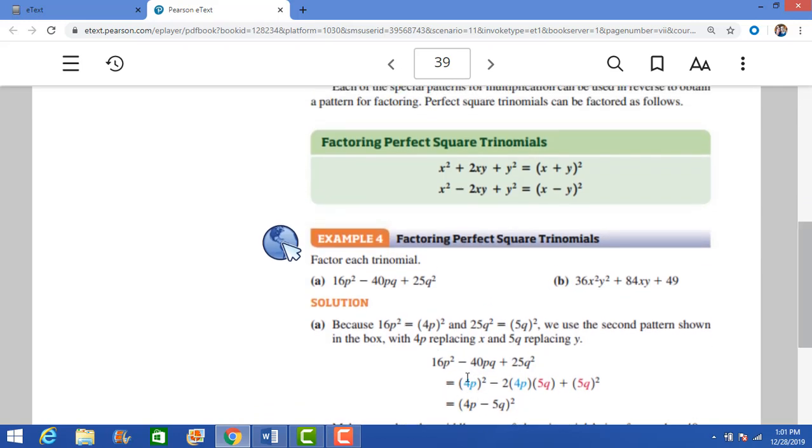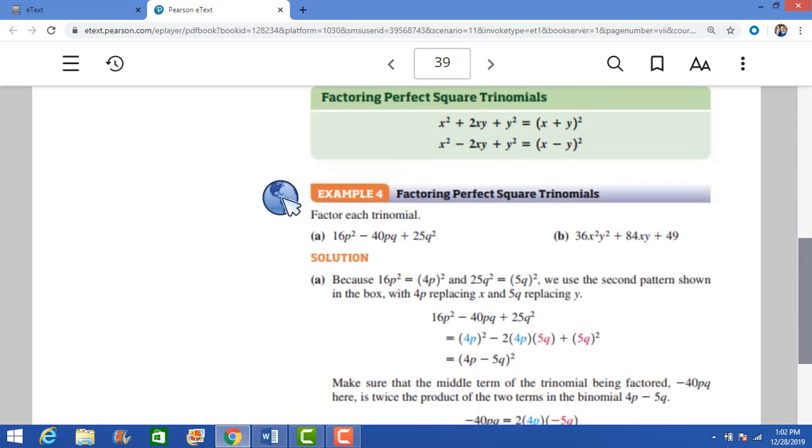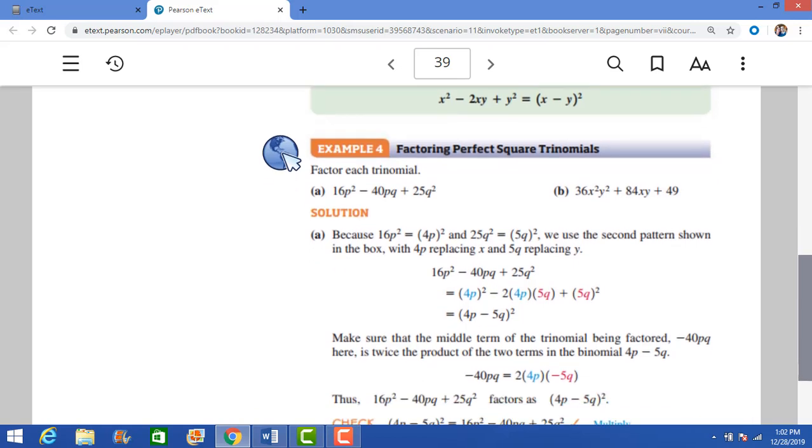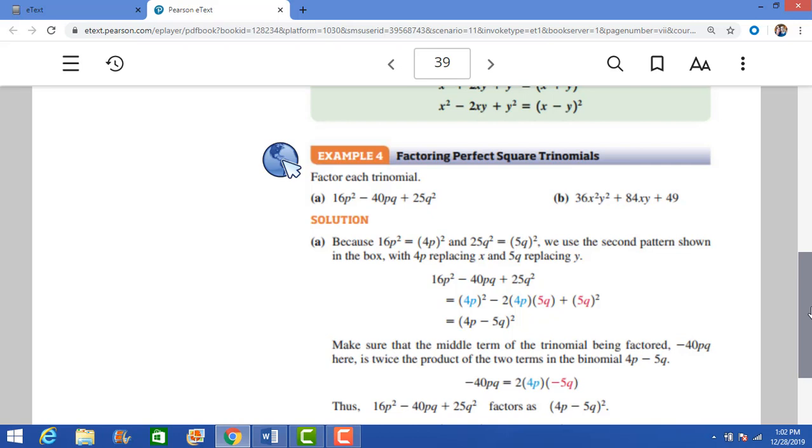Okay, so again, notice this is a perfect square, and if we multiply those together and double it, we get the middle term. Okay, and thus we know this is the factored form. And again, if you factor it out, you can get the same thing.